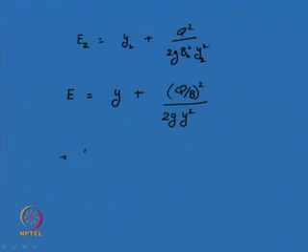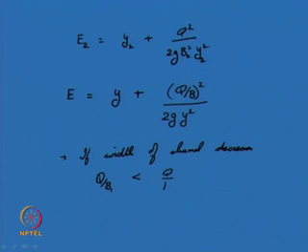If the width of the channel decreases, then you will see that q by b 1 is less than q by b 2, because b 2 is less than b 1 and you have the same discharge.